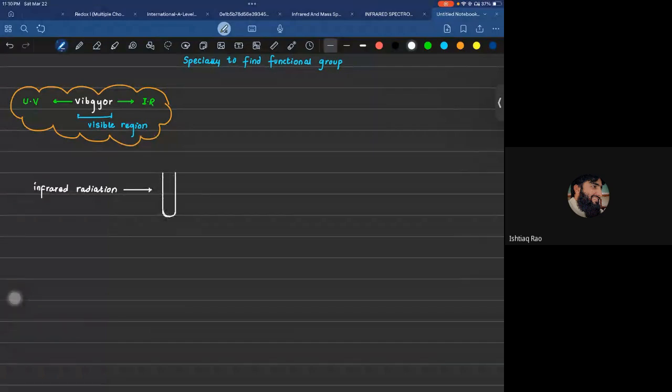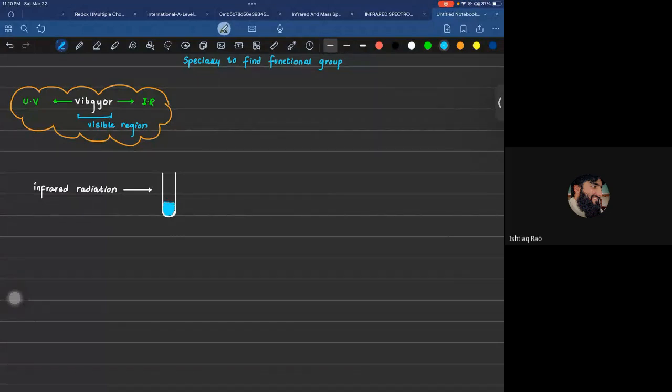Let's suppose this is the infrared radiation. We are going to provide infrared radiation to the sample just like that. In this we have a sample.